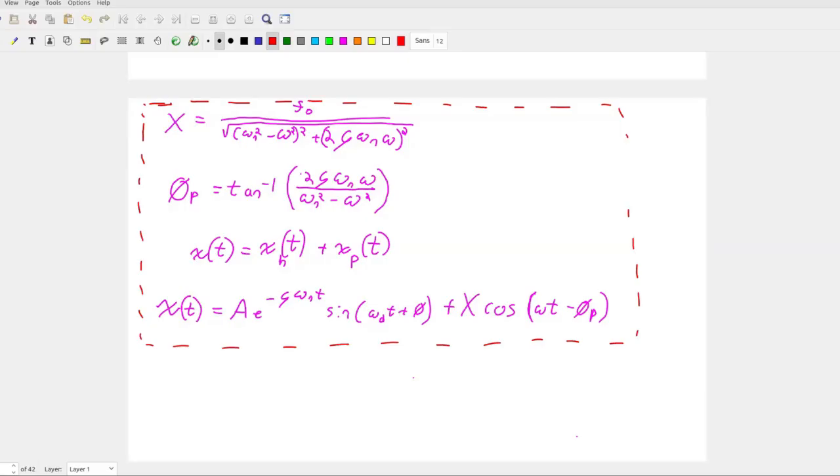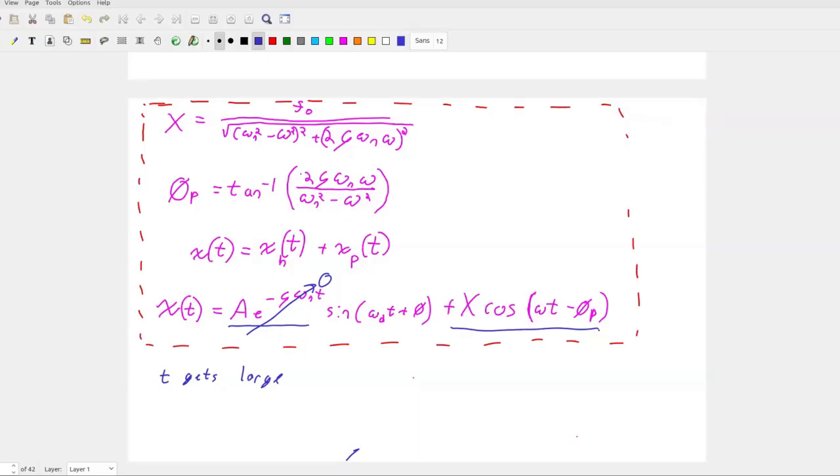Okay, so if we look at the system, what happens when t gets large? When t gets large, this A term is going to go to 0. And that means that X cosine of omega t minus phi p really becomes our global solution.